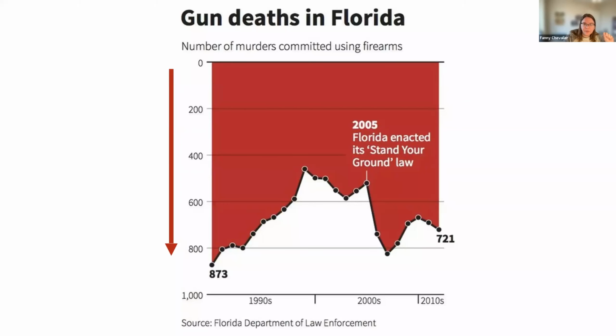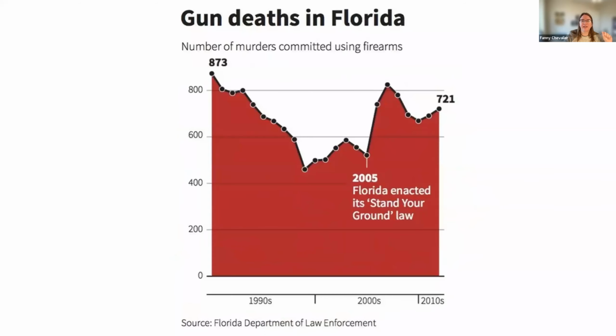If we turn the graph around and put it back in chronological order, we have the exact opposite story than the one I just told you. Of course, if you make it legal to shoot people, more people get shot. That's pretty much a no-brainer. But the fact that the chart was designed otherwise suggests a different story, actually the opposite story. This is what I mean when I talk about the power of visual representation.